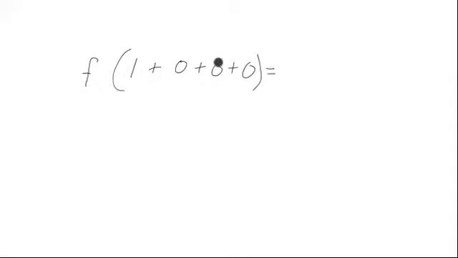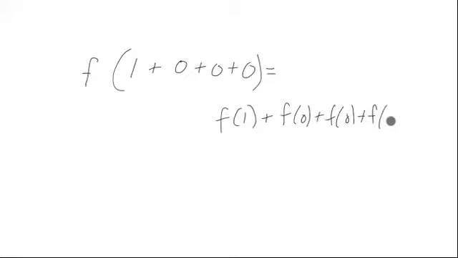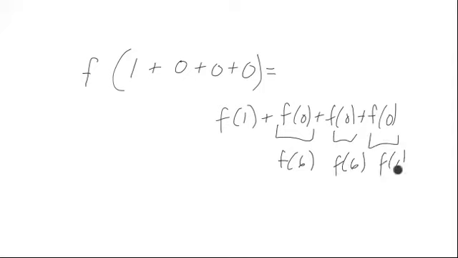Well, preserving addition, you can always do this: f of 0 plus f of 0 plus f of 0. And then let's think for a minute. See this f of 0? That's going to be the same thing as f of 6, f of 6, f of 6.